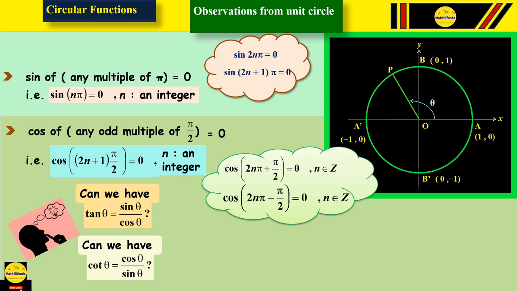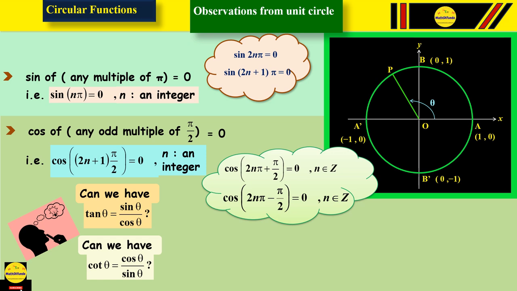This we had never thought before when we were doing trigonometry with the help of a triangle. At that time we did not think about this situation, whether cos theta can ever be 0 or tan theta can ever be not defined. So these types of questions were not there before, but now they are coming because cos theta is becoming 0 at certain positions. Which are those positions? B and B dash.